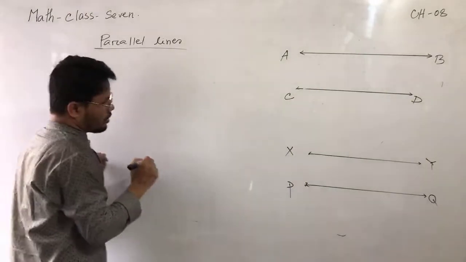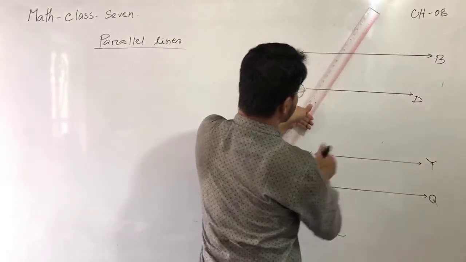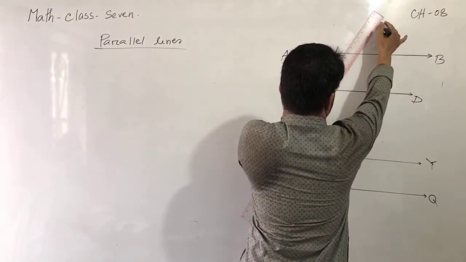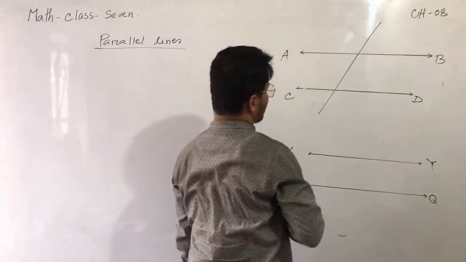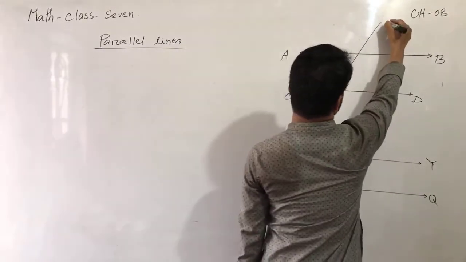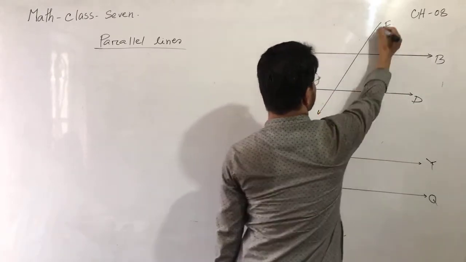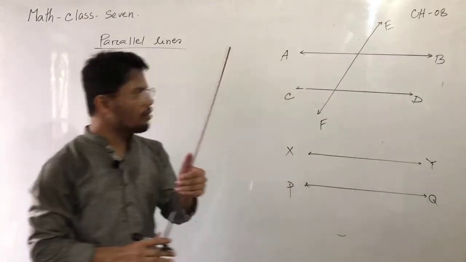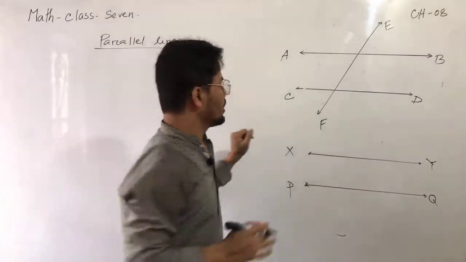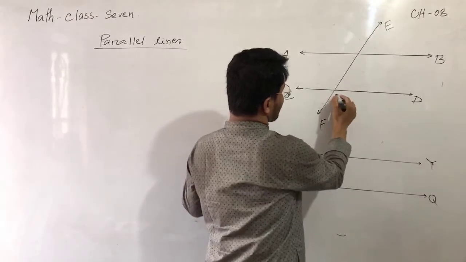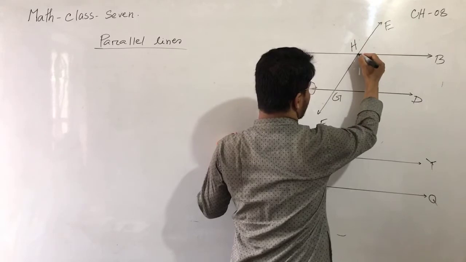If another line intersects the parallel lines, like we use here A, B, C, D, and E, F, if another straight line intersects them, this line is called a transversal. On line E, F we can use G, and this point we can consider H.